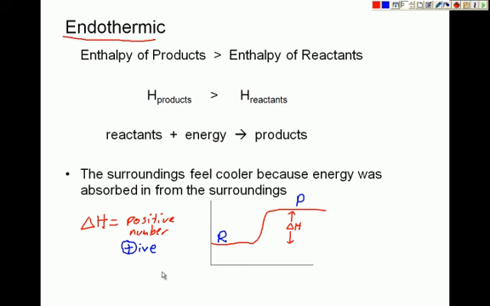That makes sense: it's going up, and therefore it's going to be positive. Or in other words, if we plug this into our formula, delta H equals H products minus H reactants, it's a bigger number minus a smaller number.